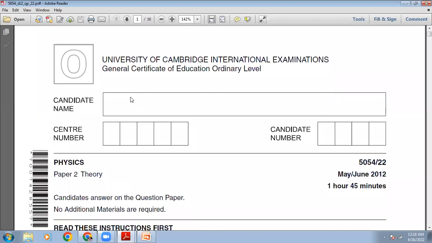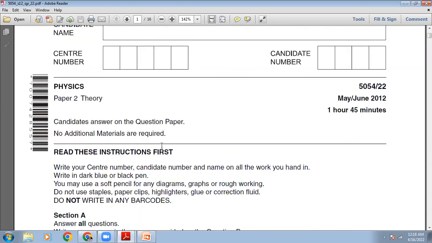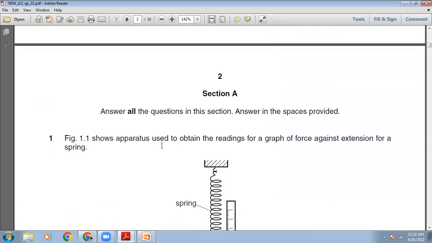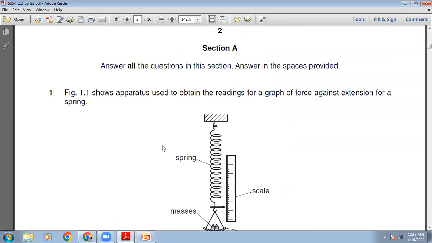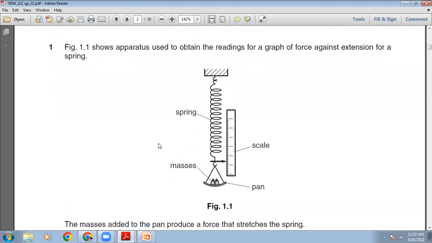So the question paper is showing up on your screen. May June 2012 Paper 2. The time allowed is 1 hour 45 minutes, and this is called theory paper 2. Section A we are going to attempt. Figure 1.1 shows apparatus used to obtain the readings for a graph of force against extension for a spring.